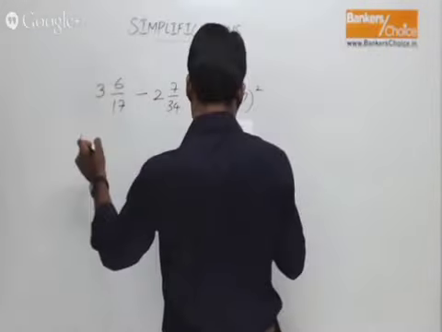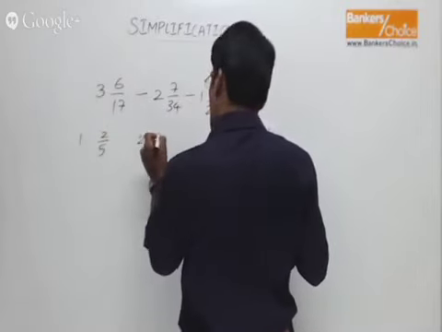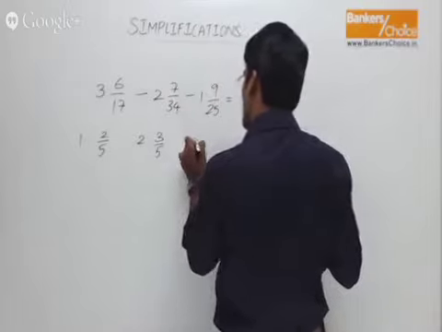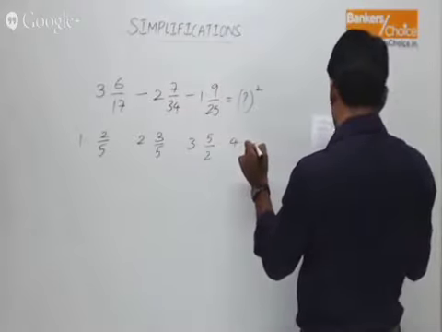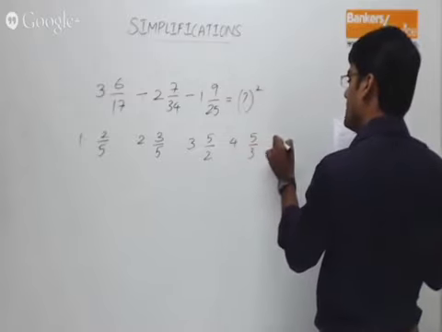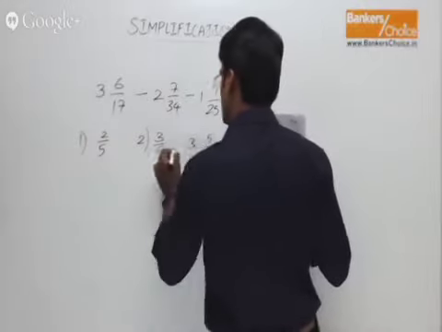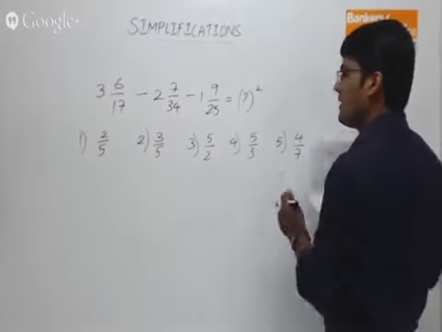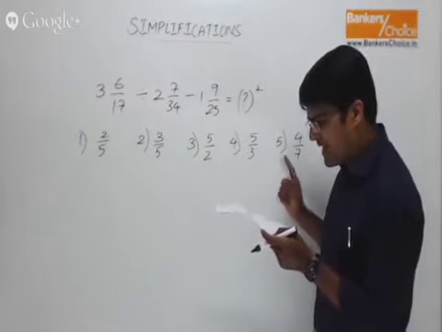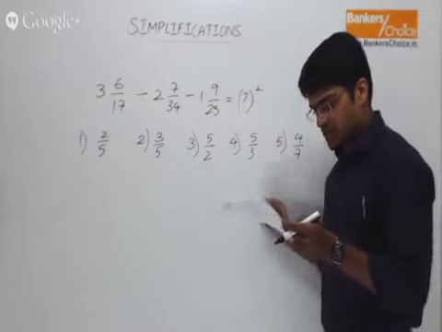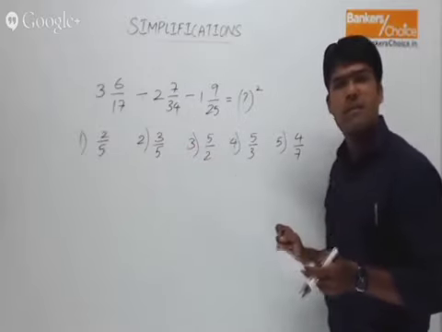Options are: the first option is 2/5, second option is 3/5, third option is 5/2, fourth option is 5/3, and the fifth option is 4/7, right? So 3 6/17 divided by 2 7/34 minus 1 9/25 equals question mark squared. 2/5, 3/5, 5/2, 5/3, and 4/7.